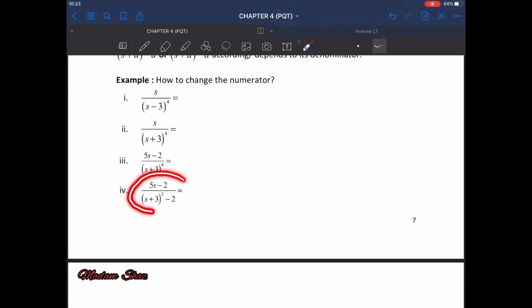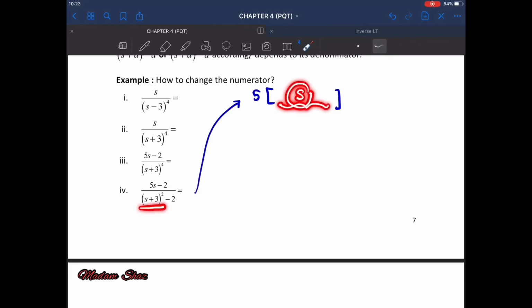So now let us continue for the next example. 5s minus 2 at the upper side, divided by (s plus 3) with the power of 2 minus 2. So we want to change this s, make it become the same thing as the s at the denominator. So 5 multiply, in this square bracket, we want to change the s to make it become the same thing as the s at the denominator.